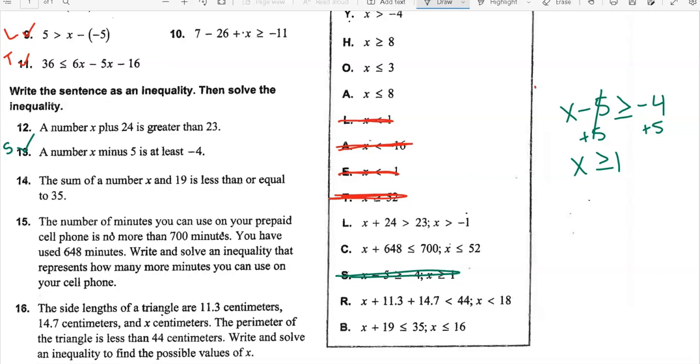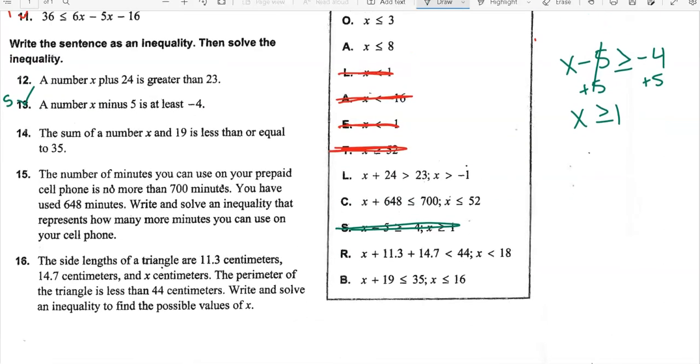Okay. Let's go down to 15. Yep, well, we're going to do it because we're better than that. Here we go. The number of minutes you can use on your prepaid cell phone is no more than 700 minutes. Okay? You have used 648 minutes.